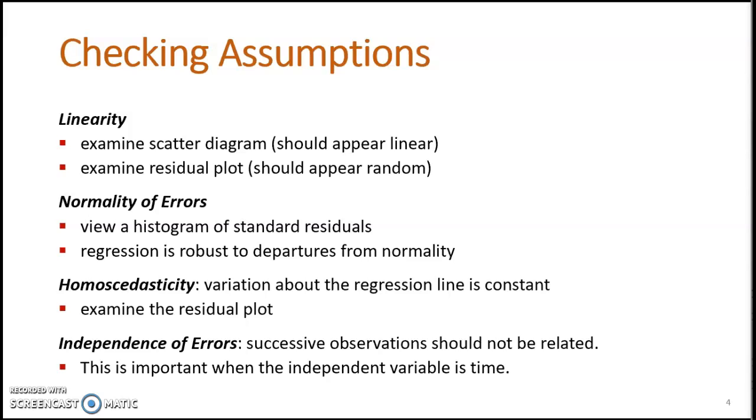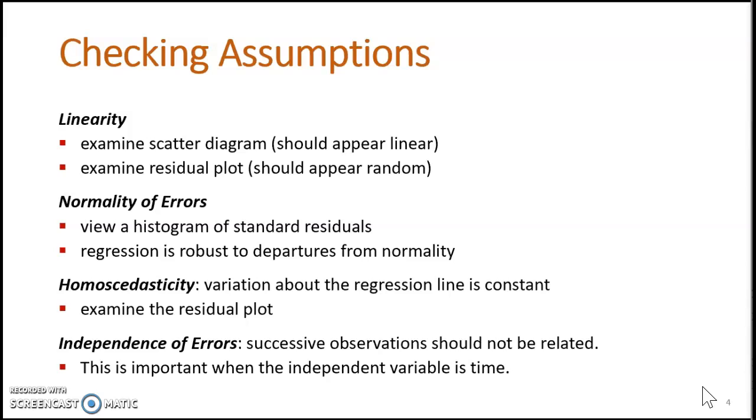The last assumption is independence of errors, where successive observations should not be related. If they appear to be correlated, for example, appearing to become larger over time or exhibiting a cyclical type of pattern, then this assumption is violated.